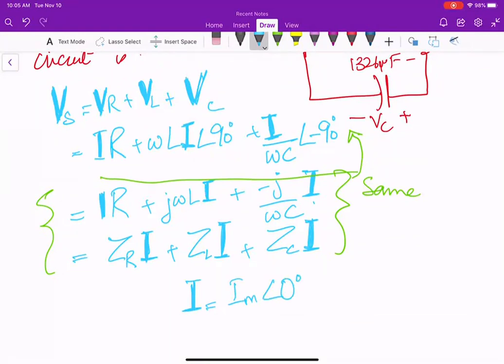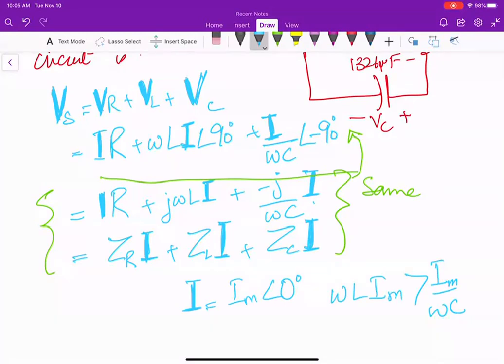If we consider Im as 0 degrees, we will know that omega L Im will be greater than Im over omega C, because of course it's directly proportional. Okay, sounds good.